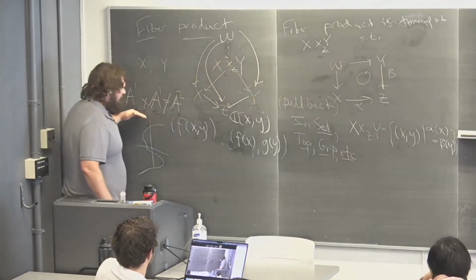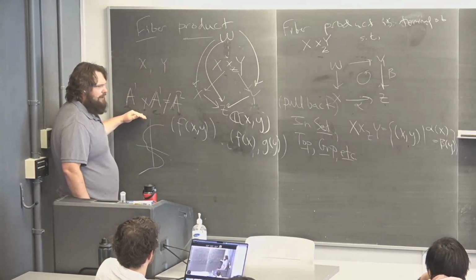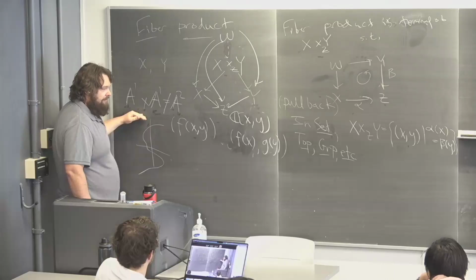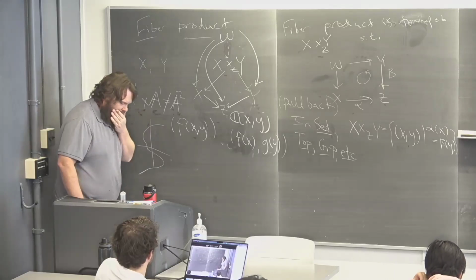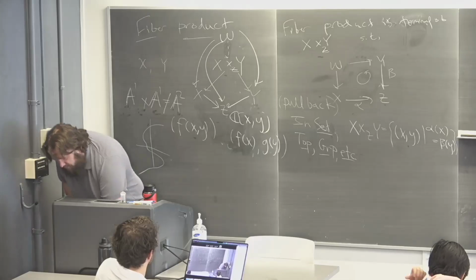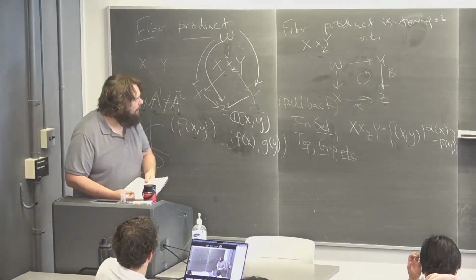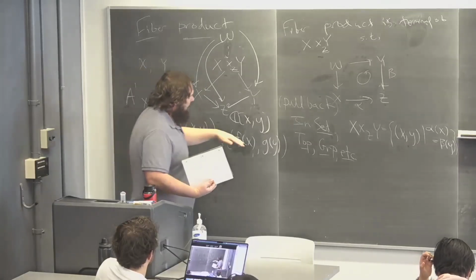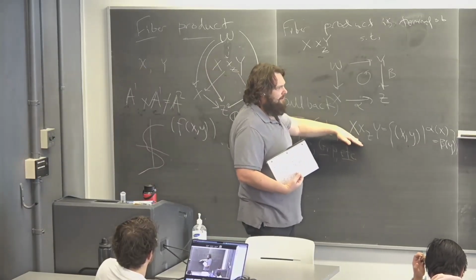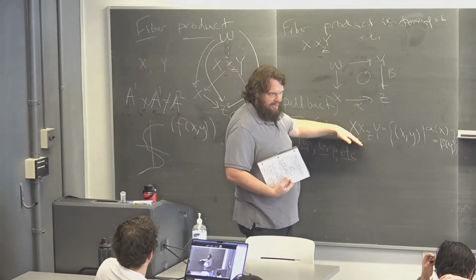But we see immediately here that it's maybe not going to work super well for schemes. And there's another obvious point with schemes. This construction actually works in the category of ringed spaces.